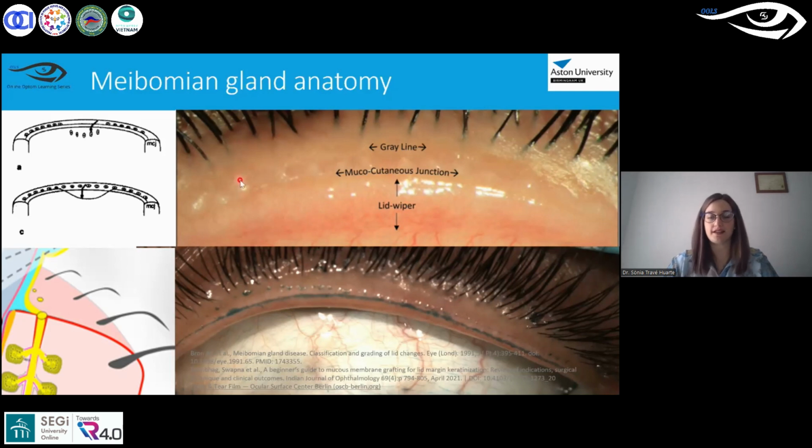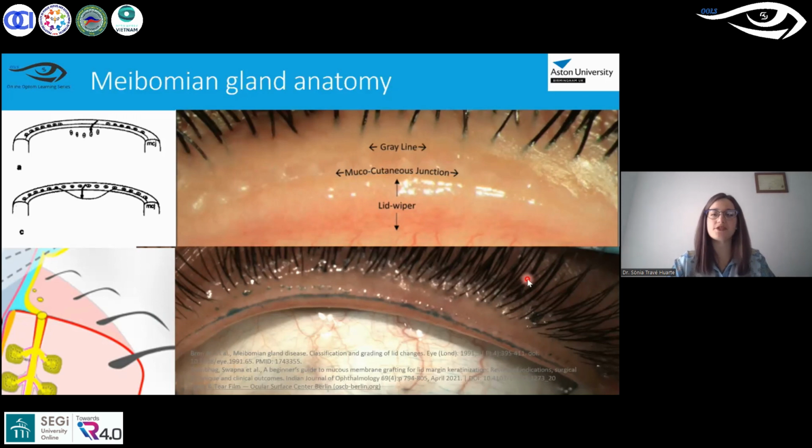Then on here, more anteriorly, we have the openings of the glands, and that's where the glands would release the output of the oils. Therefore, any issue with the lid or any changing of those opening placements, such as having an entropion or any malpositioning of the lashes, could lead to those oils spreading in a different manner.